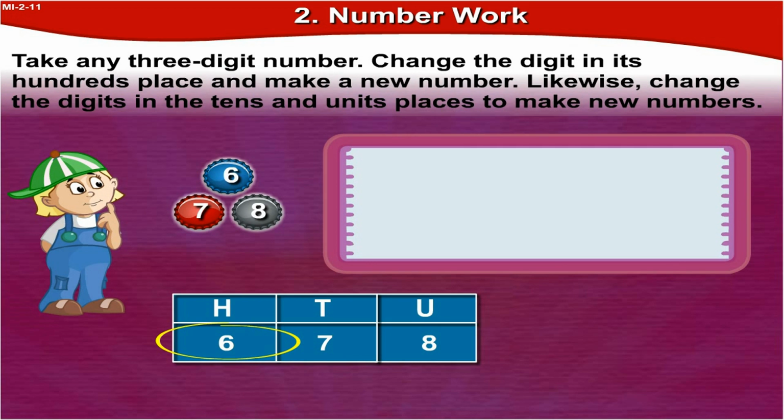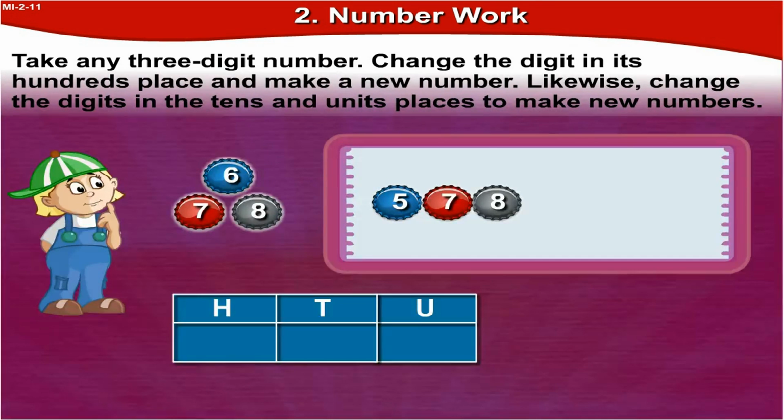Here the digit in hundreds place is 6. Now let us change the number 6 by 5. So the new number would be 578. Now let us change the digits at the tens and units place. Well, the original number is 678.